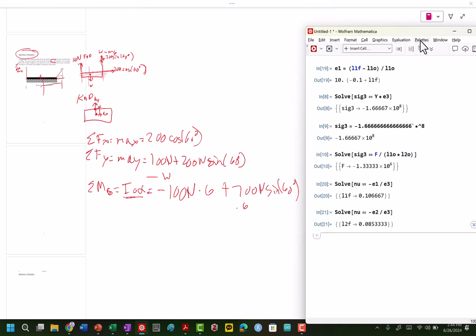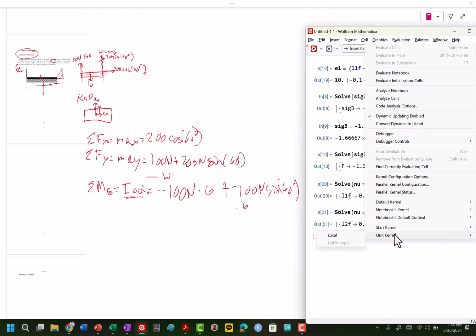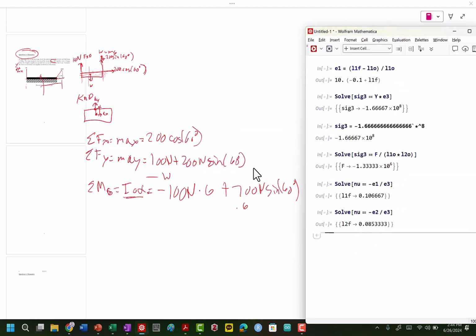I'm going to quit the kernel. What's our mass? 100 kilograms. So mass is equal to 100. g is equal to 9.8. Weight equals m times g, and we can go ahead and get started.